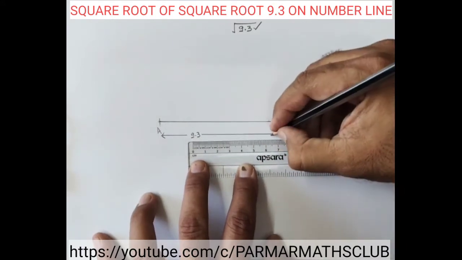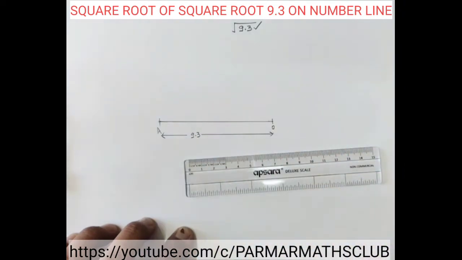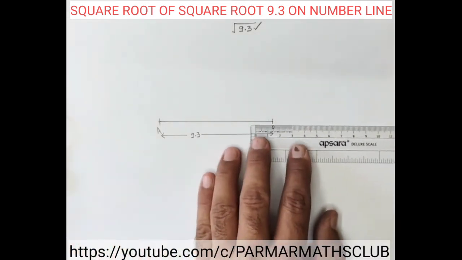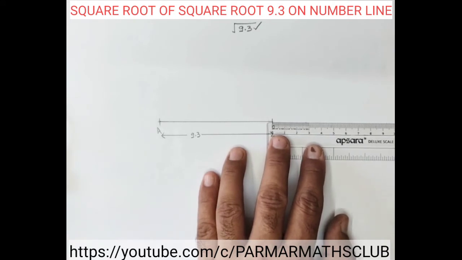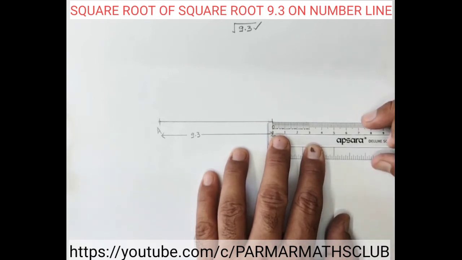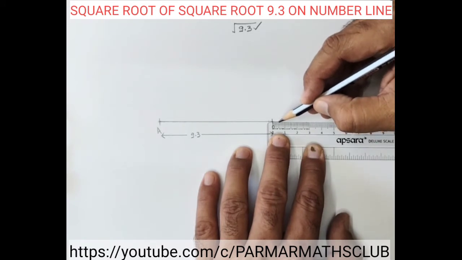In the first step, we simply drew a line segment equal to the length whose square root is to be found. Now in the next step, we extend this line by 1 centimeter, or 1 unit.